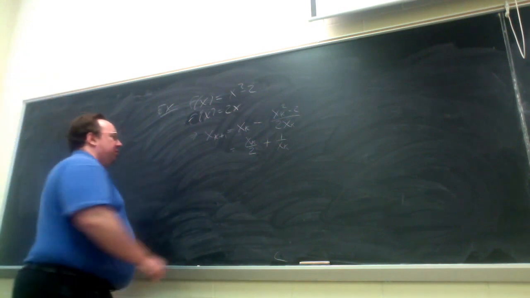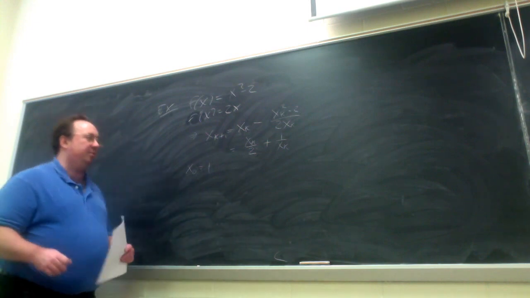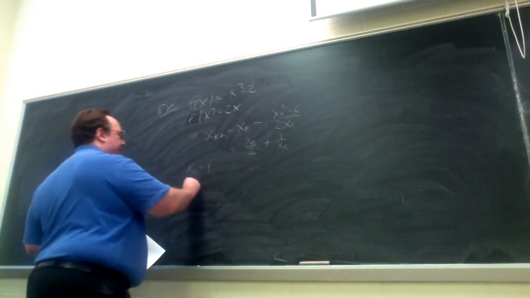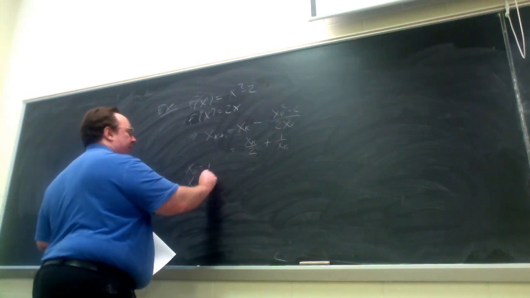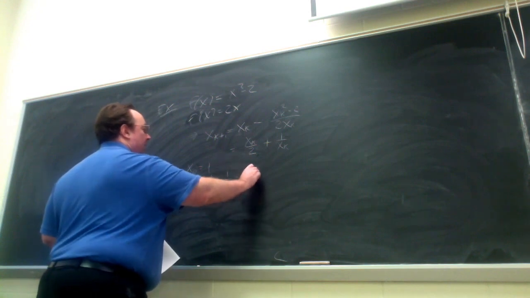I'm going to choose x naught equal 1, that's my initial guess. Now if I compute x1, I get 1/2 plus 1 over 1, so I get 1.5.